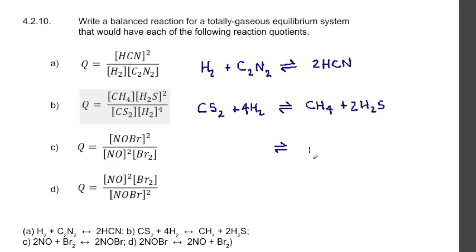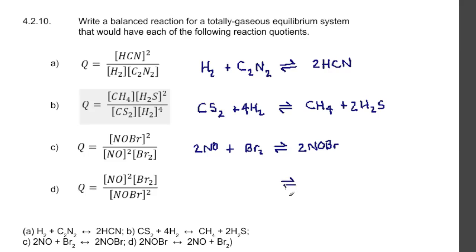Here we make, I believe that's called nitrosyl bromide, but that's based on a pretty old memory, so could be wrong there. And nitrogen monoxide, coefficient of 2, and bromine, coefficient of 1.